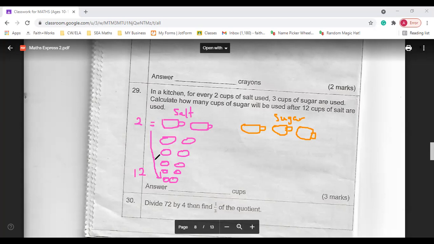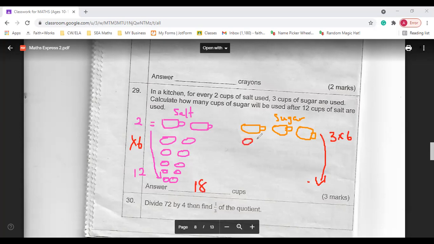That's 6 pairs of 2, right? So to go from 2 to 12, we have to multiply by 6. And we're going to do that here, with 3 cups, to figure out how much sugar we're going to need. We're going to multiply 3 by 6. And that's going to give us 18 cups.